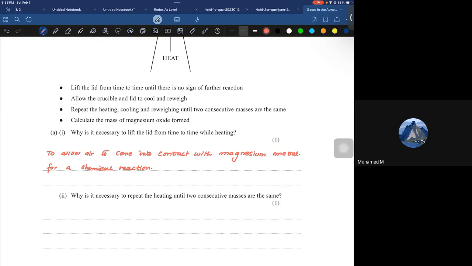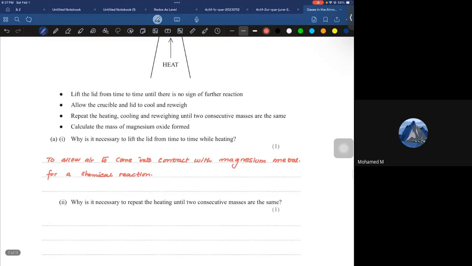Wait, let me think. To repeat. Is it so that... wait, no. To allow, when you are going to reweigh your container, okay, yeah.